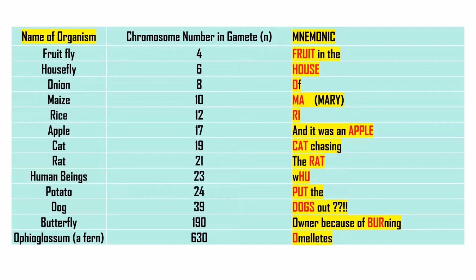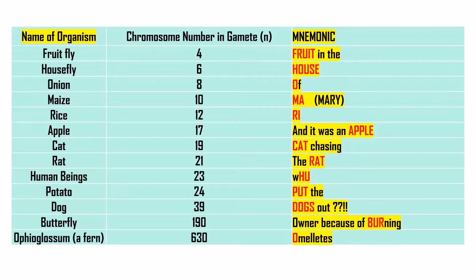Then from WHU we have taken HU, which stands for the human beings. Then put, which is written as PUT, so from PUT we have the potato.